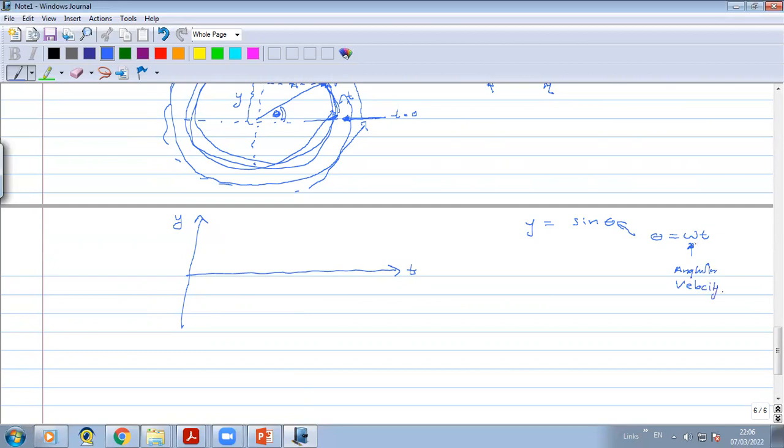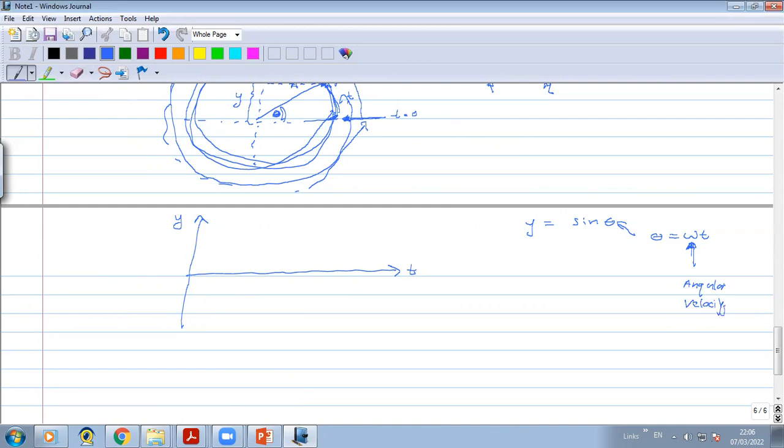We call it angular velocity. Sometimes when you are learning about motors and such stuff, you may have learned this concept. So this is angular velocity.